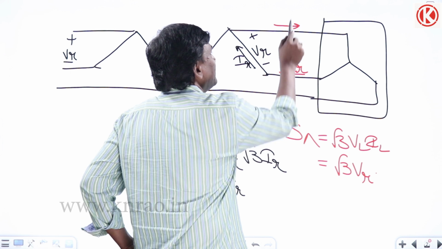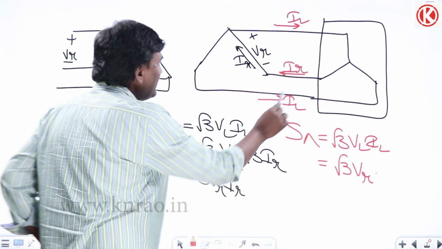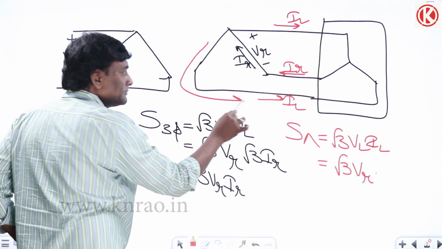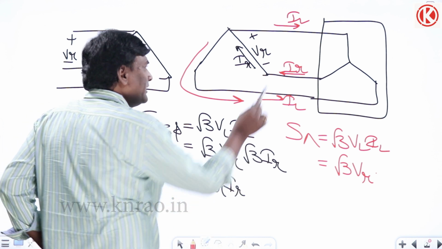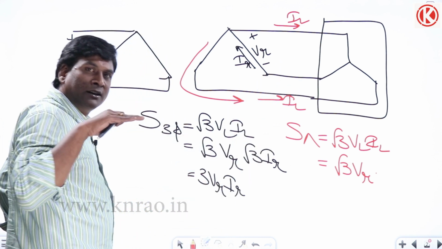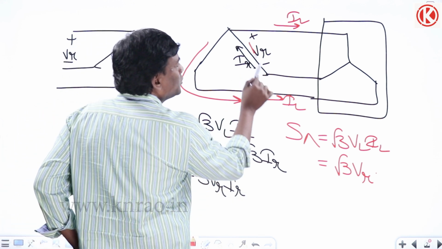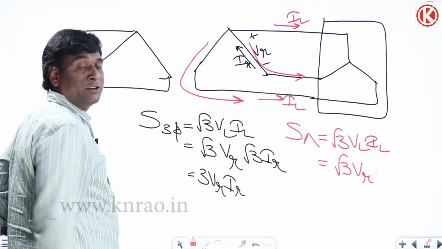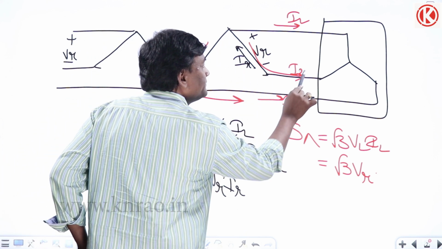The line current here is the phase current only, no? Of course in AC the direction doesn't matter; I can show any direction because AC goes 0 to positive max, 0 to negative max. How much will be the magnitude of current that can flow through this? Rated current only can come here.